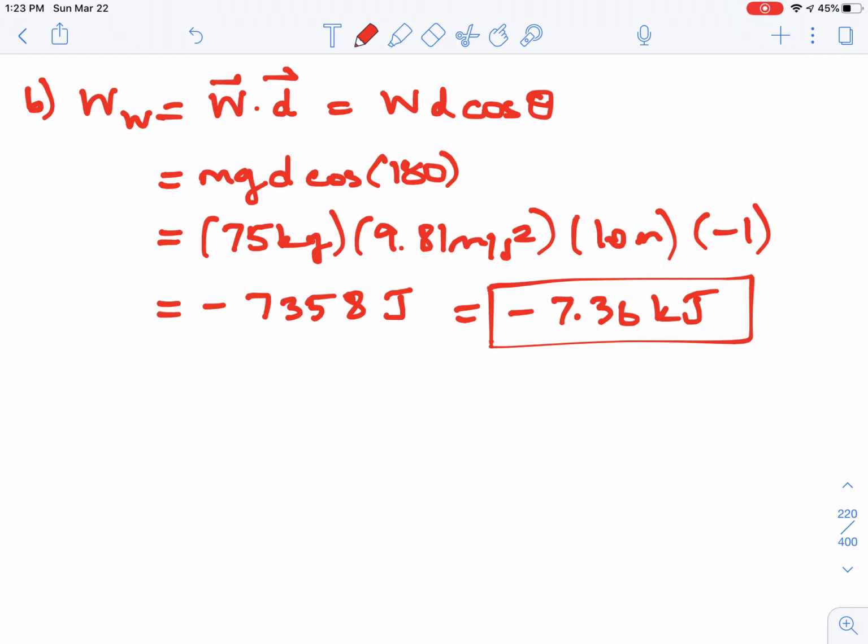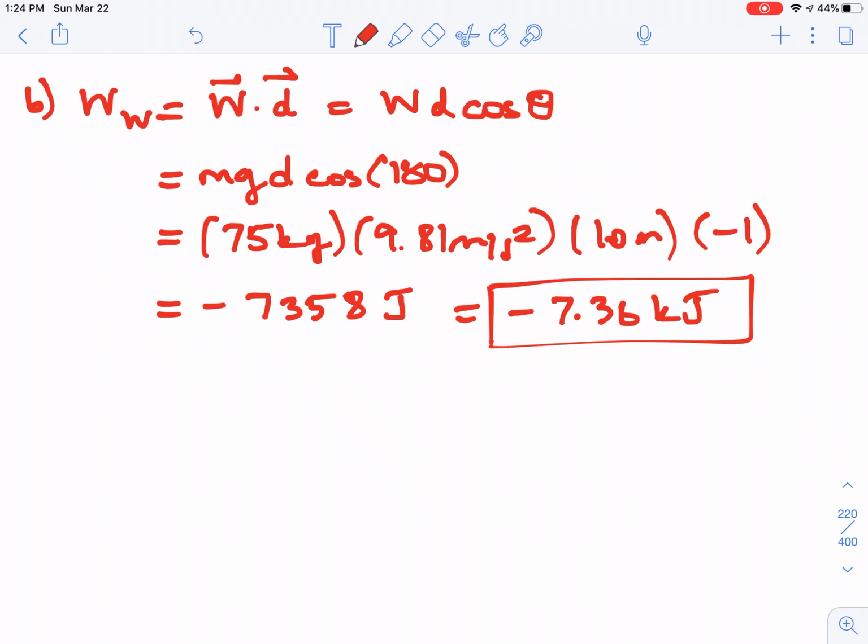What other ways can we use to figure out the work done by the weight force? If you read the material, you should know that the work done by the weight force is associated with the change in potential energy. So when you apply energy conservation, you either use the work done by the weight force in the work term on the right side, or you ignore it and use delta U, the change in potential energy, because potential energy is related to elevation change, and the weight force does work if there's a change in elevation.